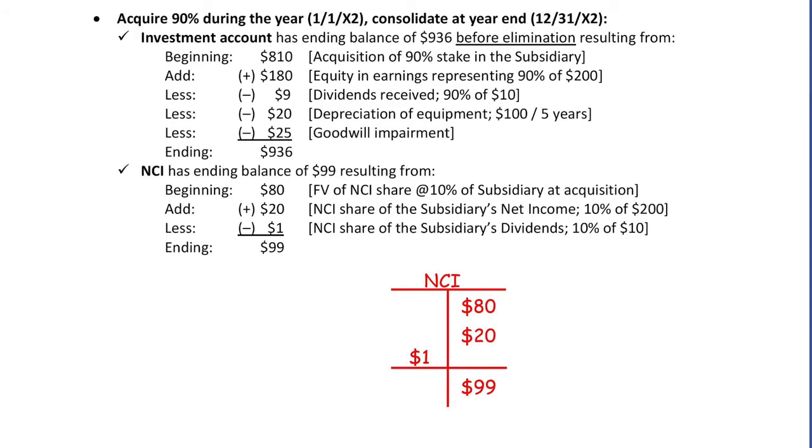That gives us $80 fair value for non-controlling interest at acquisition. And then we want to increase NCI to the extent of earnings attributable to the non-controlling interest holders, which is $20 because that's 10% of $200 subsidiary earnings.